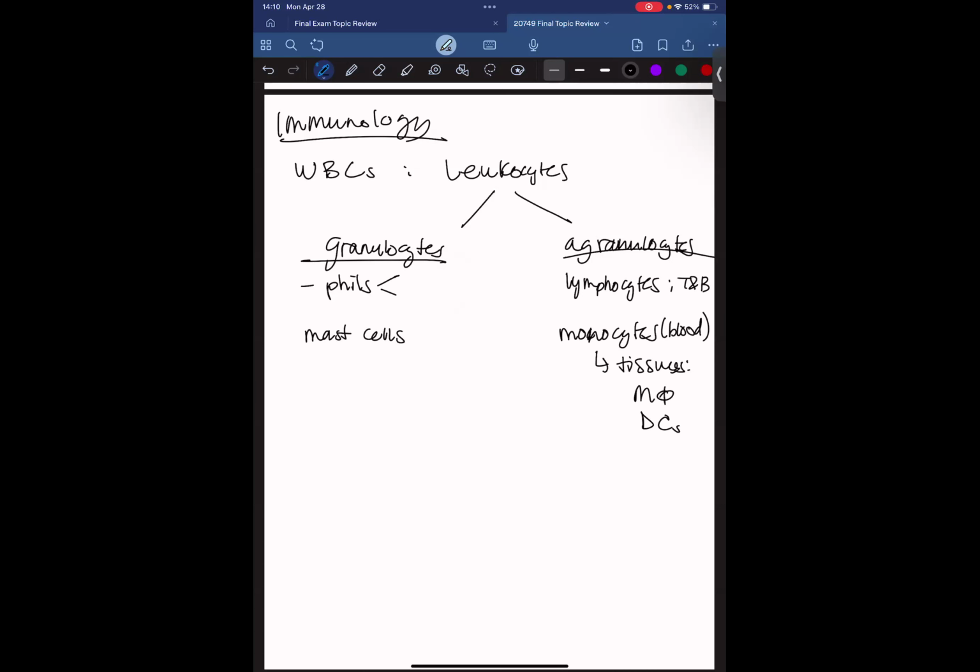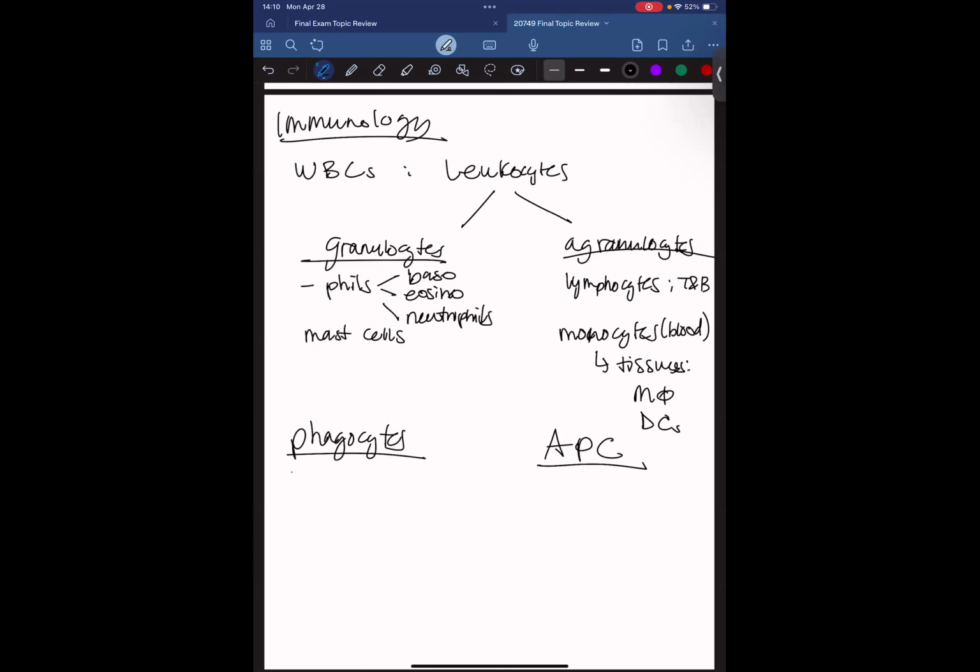The phils, there's 3 different ones: basophils, eosinophils, and neutrophils. And we'll also bring us to our phagocytes and our antigen-presenting cells. Now, leading into our acquired immunity.